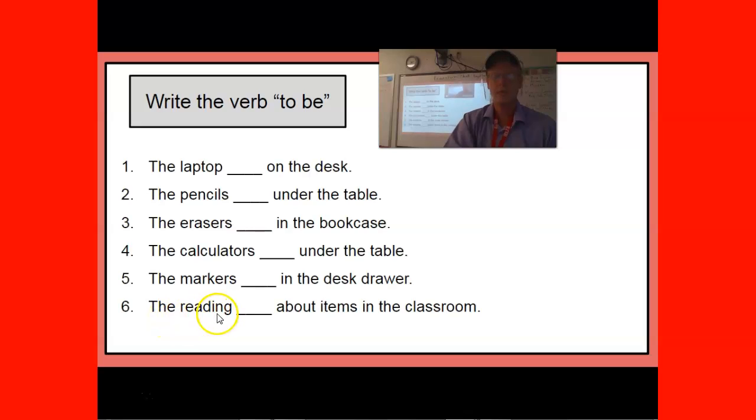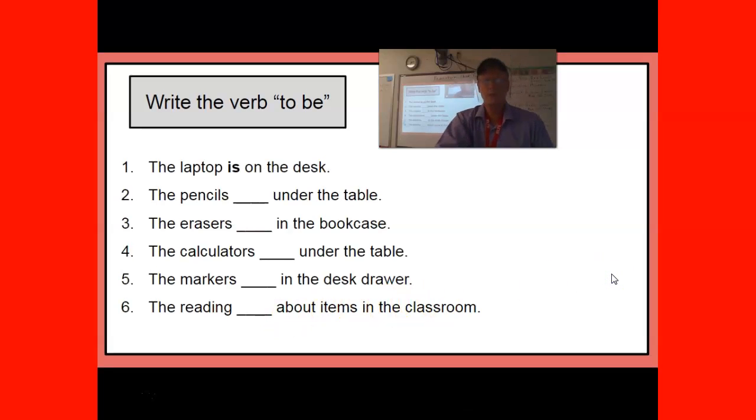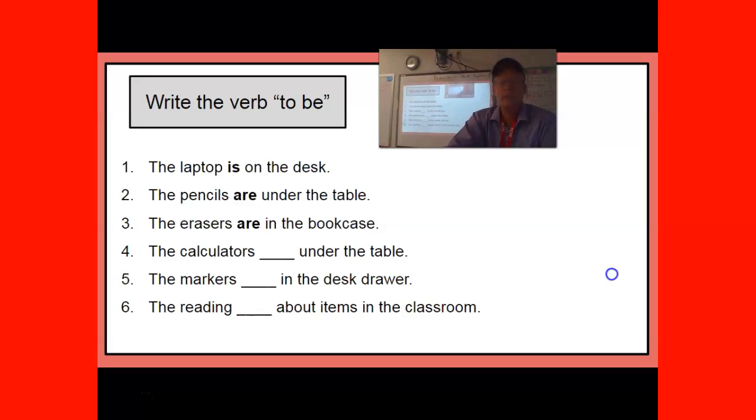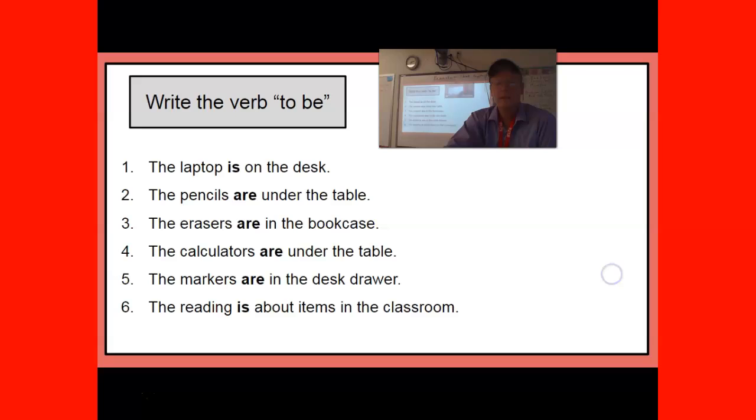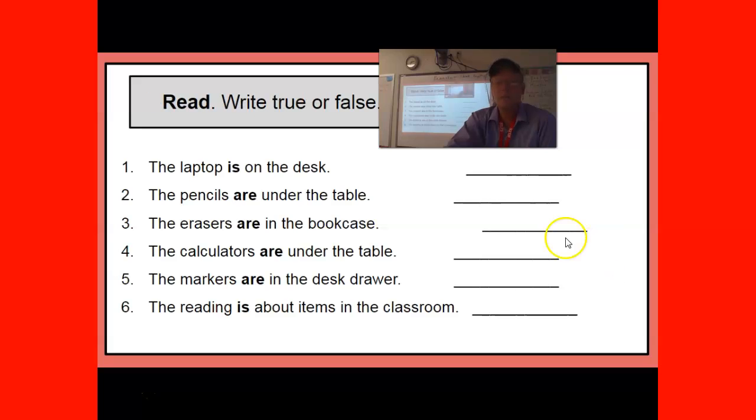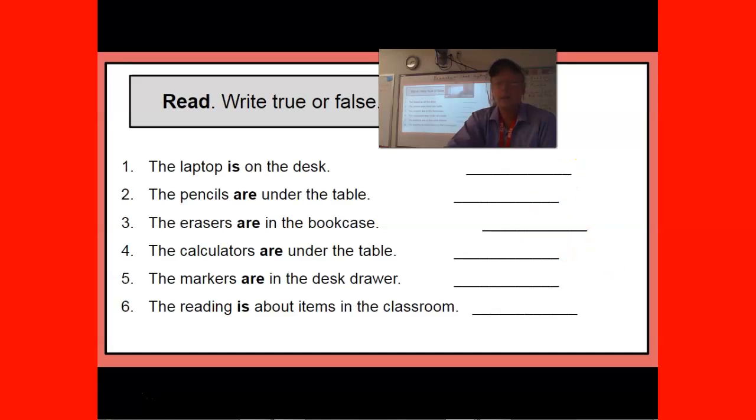Good, the reading is about items in the classroom. Good job. So you can see number 1 is, number 2 are, 3 are, 4 are, 5 are, 6 is. Good job.